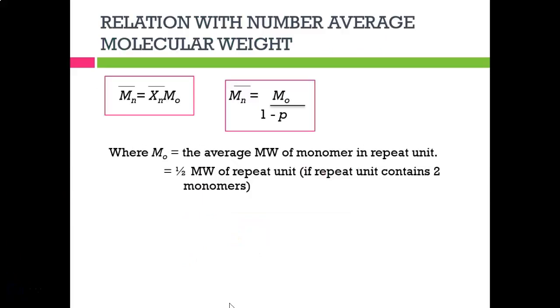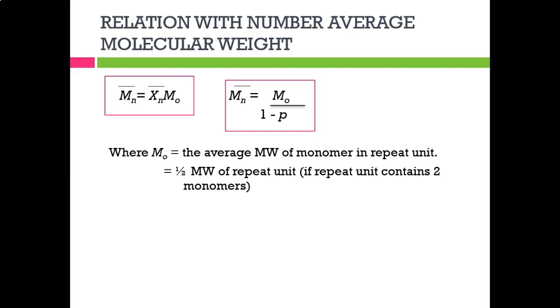Can we relate the number average molecular weight? The average molecular weight of monomer in repeat unit, which is the M naught, is represented by Mn equal to Xn M naught.